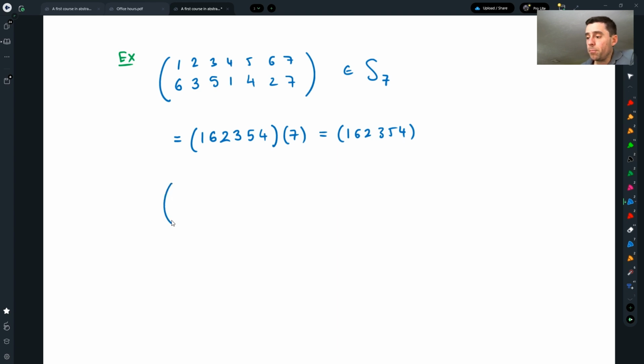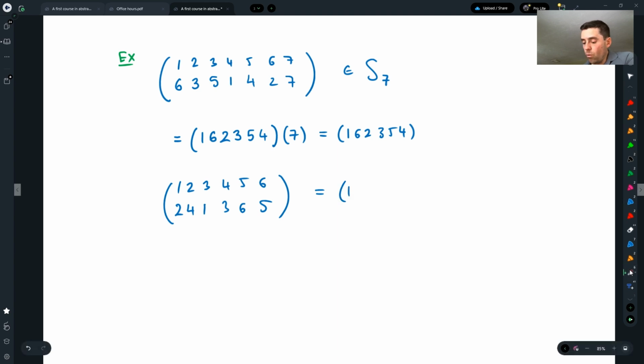Let me do another example of this, 1, 2, 3, 4, 5, 6. This time in S6, this is a permutation that goes to 2, 4, 1, 3, 6, 5. I want to write it in compact cycle notation. So in compact cycle notation, I start with the 1. Let's see where 1 goes. 1 goes to 2, then 2 goes to 4, 4 goes to 3, and 3 goes to 1, so it closes the cycle.